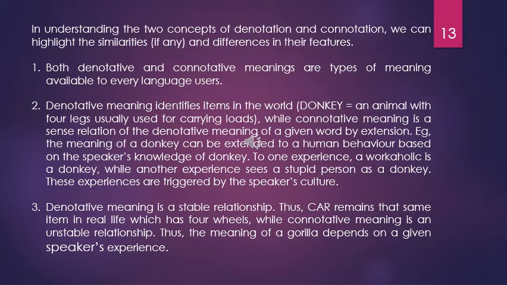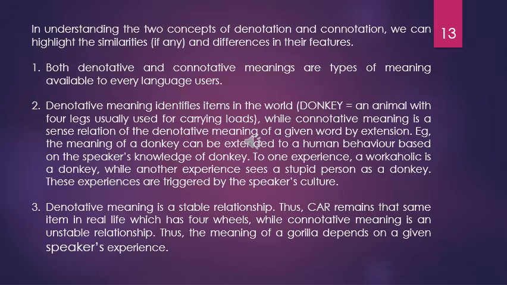The meaning of a donkey can be extended to human behavior based on the speaker's knowledge of a donkey. To one experience, a workaholic is a donkey, while another experiences a stupid person as a donkey. These experiences are triggered by the speaker's culture.